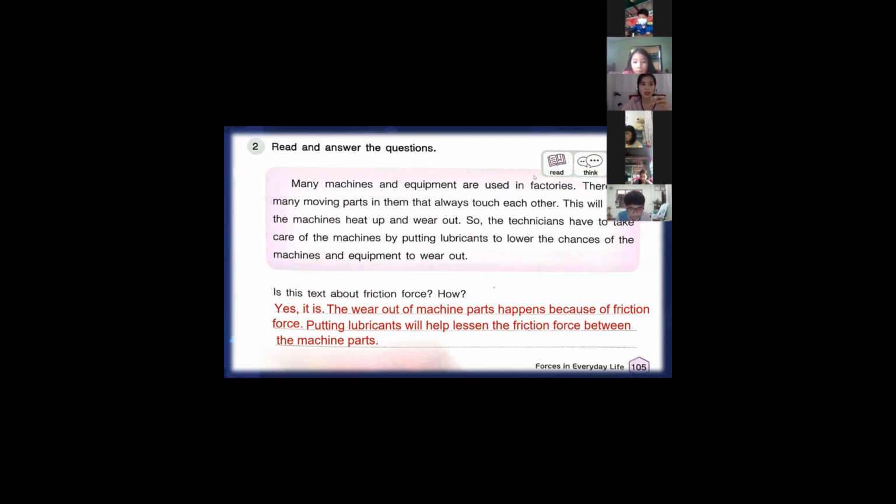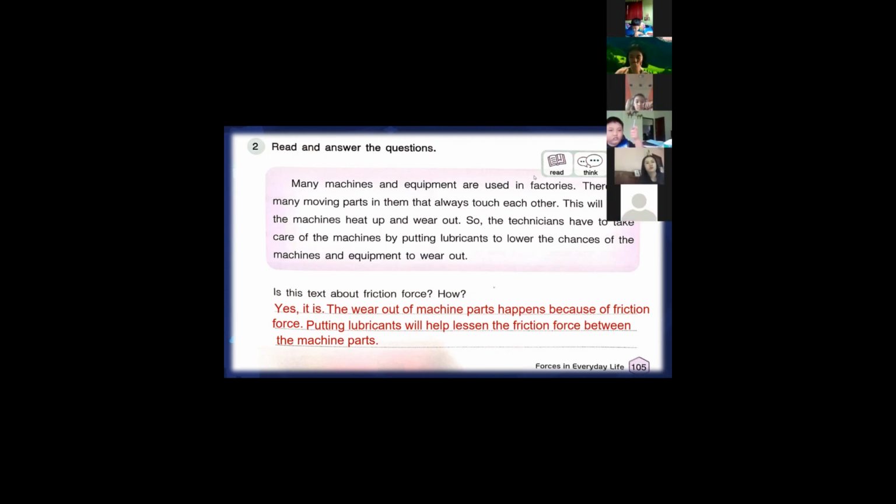When you erase your writings, there is also friction, just like what Not just did. There is friction between the eraser and the book. If you're finished, show me your pen. Okay, very good.